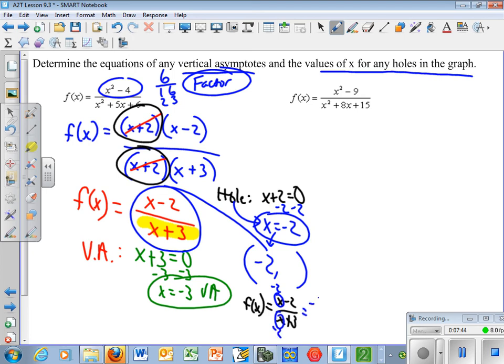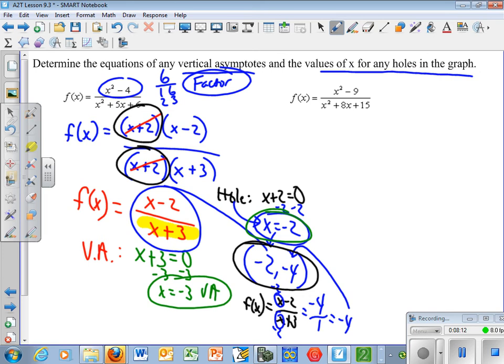Negative 2 minus 2 on the top would be negative 4. Negative 2 plus 3 on the bottom would be 1, so it would be negative 4. All that's finding is the f of x value, which is the same as the y value. So if they actually asked you to graph it, the hole occurs at negative 2, negative 4. They're just asking for the x value of any holes, so that is really x equals negative 2.